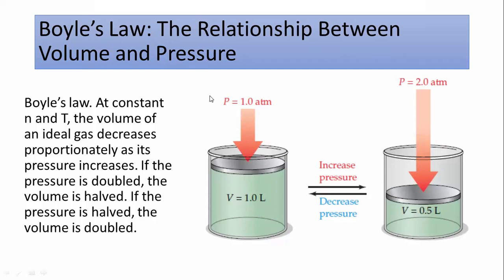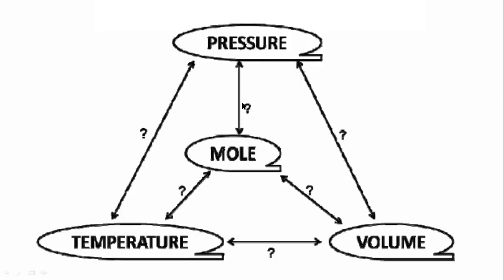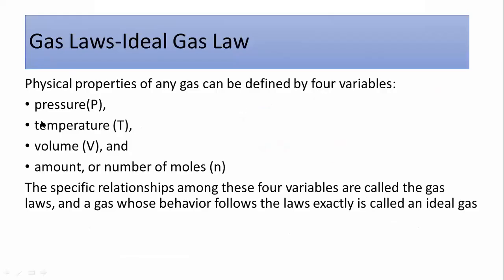The first point to understand is that you must always remember there is a relationship between two physical properties. We discussed the four physical properties in the previous slide. Now we are going to establish the relationship between any two of the physical properties.